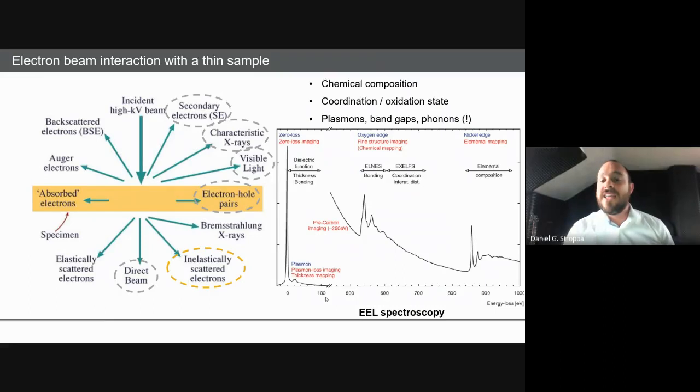Then, of course, the idea is that if you analyze the energy loss, you can have much finer information on the inelastic events, and then you can learn about the chemical composition with the core losses. You can get the fine structure, so information related to the oxidation states that you have in the sample, and you can go to the limit of information that is much finer.